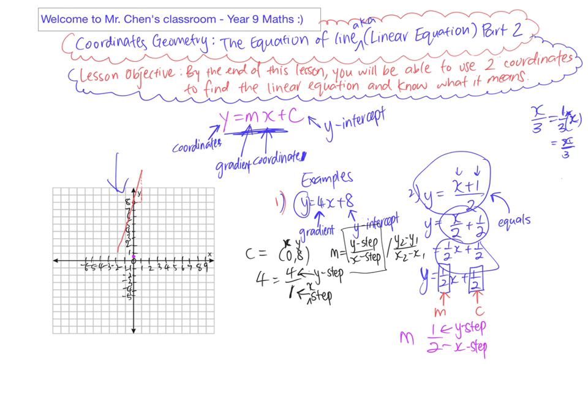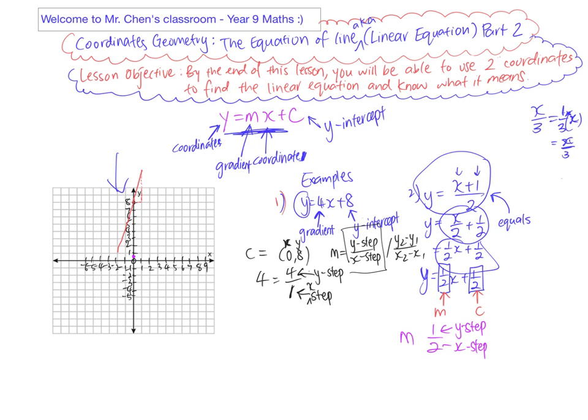I always start with x because it's easier to form that invisible triangle. So from the y-intercept, I will move 2 steps to the right because the x step is 2.